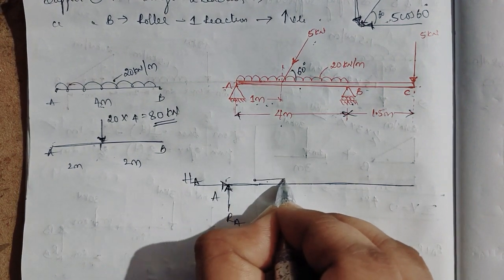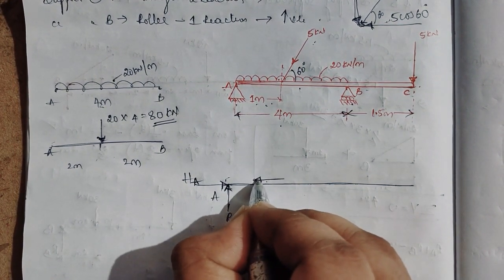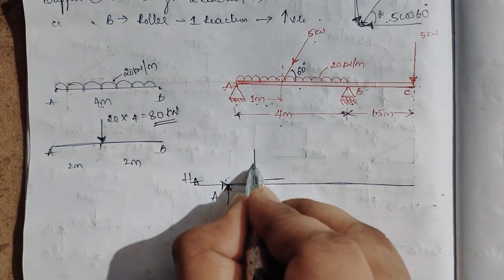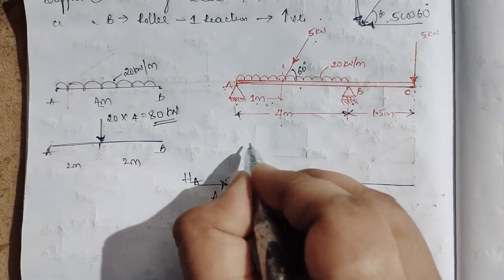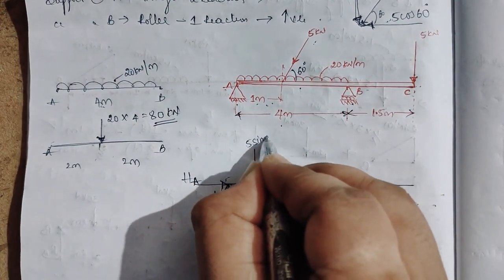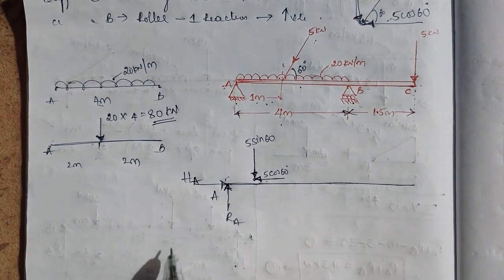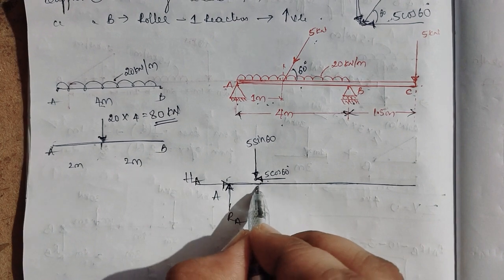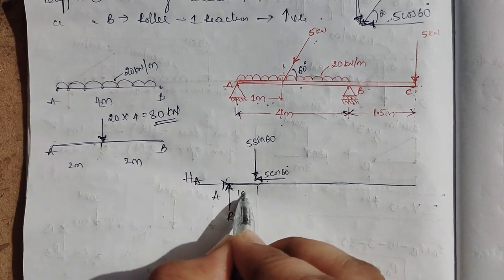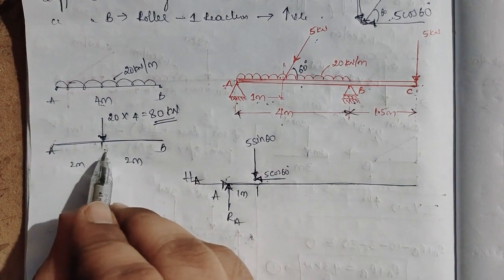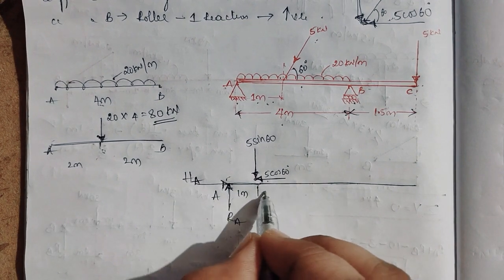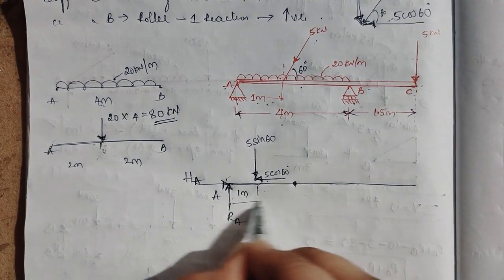So the head of the force, this is 5 sin 60, this is 5 cos 60. Okay, this is at 1 meter distance. So at 2 meter distance we have the UDL. So I'll take this as 2 meter distance.